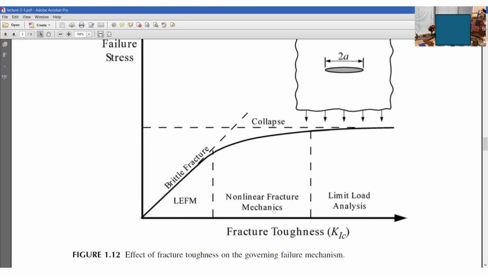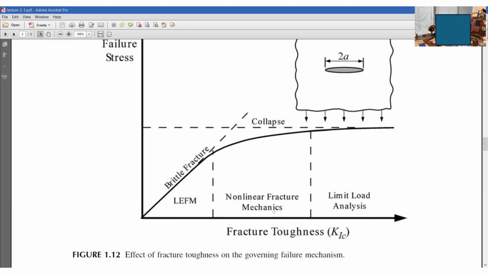So based on this picture, I wanted you to know there are two extremes. One extreme is that KIC is reasonably low, and if we apply some load, cracks can initiate and propagate. Then we use LEFM to solve.